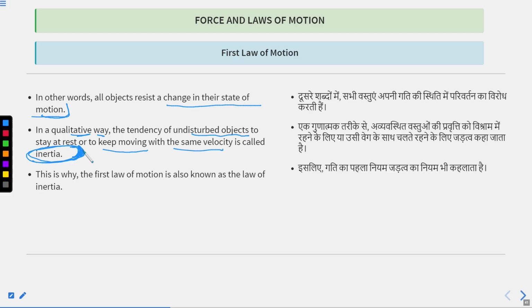If I have to make it move, I have to apply force. So the tendency of this pen to stay in its rest state is known as inertia. So the first law of motion explains inertia. That's why the first law of motion is also known as the law of inertia, because it explains inertia, a property of any object to stay in its state, rest or motion.